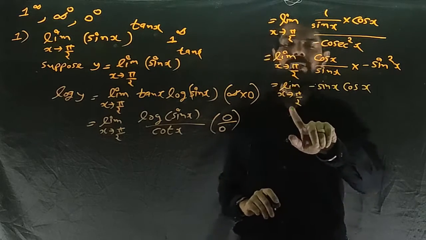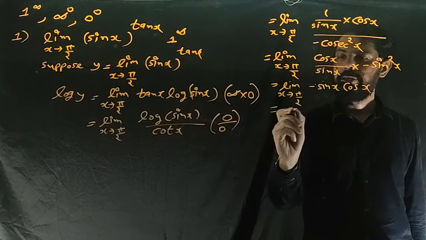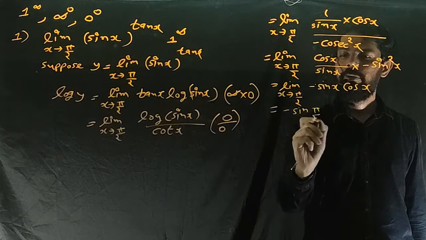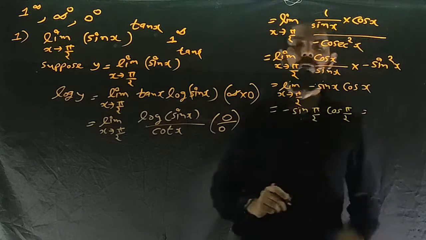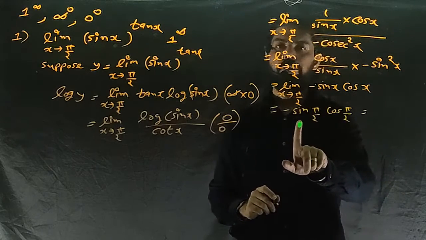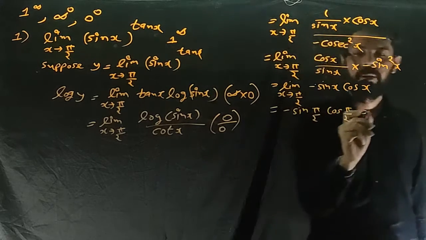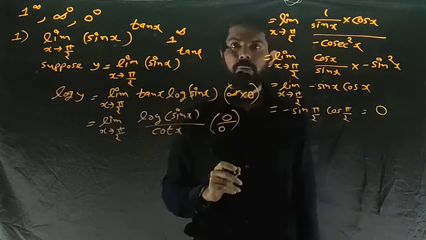Okay, now replacing x by pi by 2, so here it will be minus sin pi by 2 into cos pi by 2, and we know that the value of cos pi by 2 is 0, and value of sin pi by 2 is 1. So 0 into 1 will be 0. Therefore log y is equal to 0.